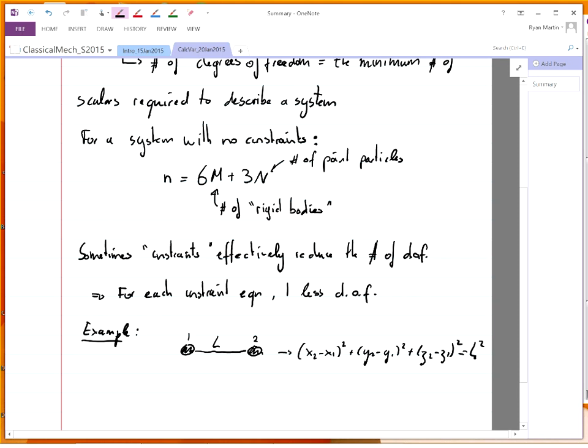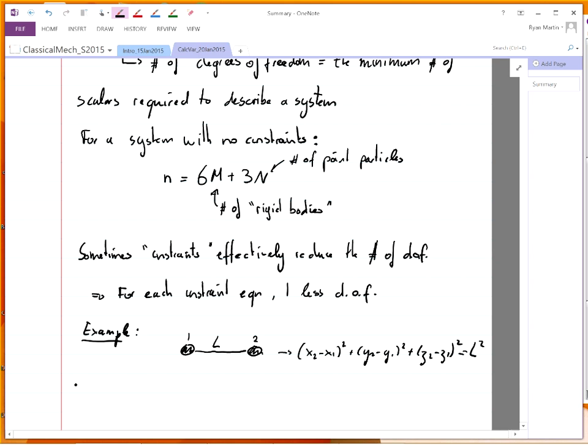And so with this, what we call constraint equation, you can eliminate, for example, one of the variables and re-express it in terms of the others. So there are less degrees of freedom required to describe the system. So in this case, the system can be described with 5 degrees of freedom.